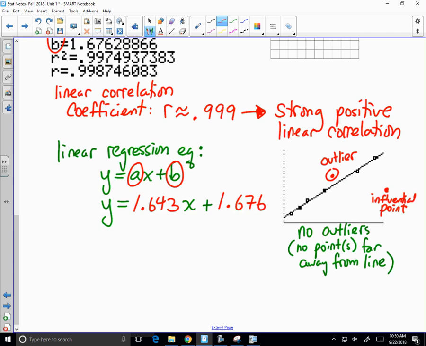So it's something big for both x and for y? Yeah, so you're only going to have an outlier in one direction or the other. So it's either going to be an outlier in x or in y. Because if it's an outlier in x and then also an outlier in y, it's going to fall on the line extended. In which case it's not really an outlier.